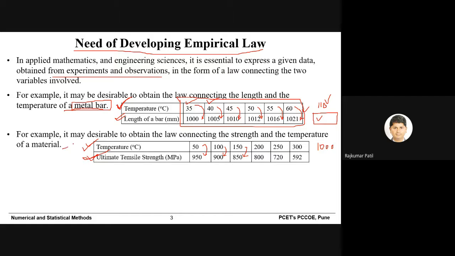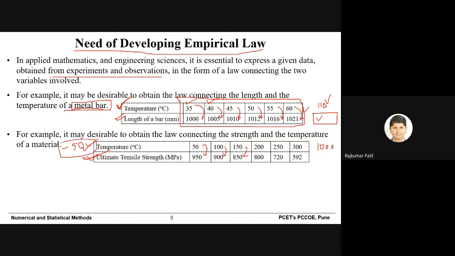Similarly, from this equation you can find out the behavior of that material at minus 50 degrees Celsius. So this is another example where an empirical relation needs to be developed.